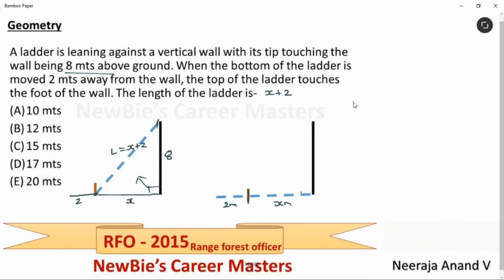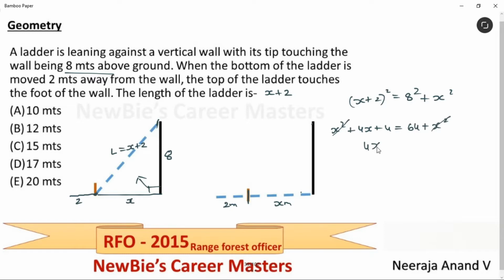What is Pythagoras theorem? Hypotenuse square is equal to opposite square plus adjacent square. Correct? We can use a plus b whole square formula here. That is x square plus 4x plus 4 is equal to 64 plus x square. Here x square gets cancelled.